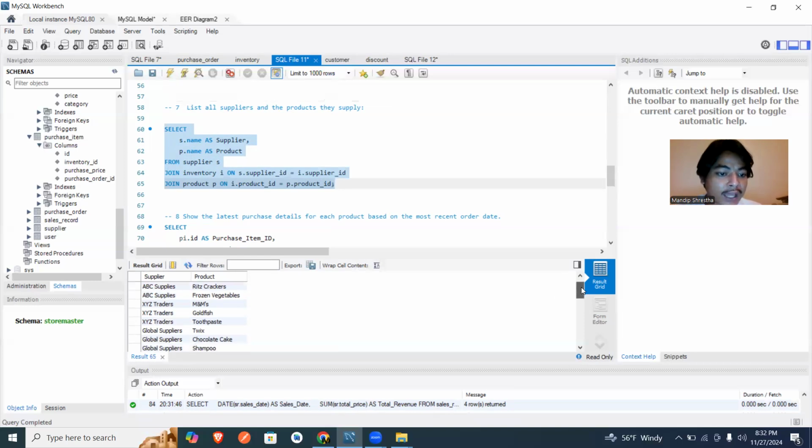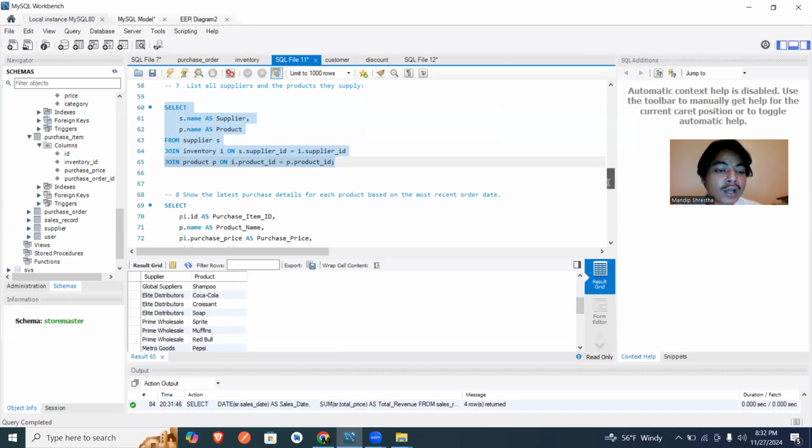XYZ supplies M&M's, Goldfish, toothpaste. Global Suppliers supplies Twix, chocolate cake, shampoo, Coca-Cola, and more. So this is how it helps us to know which product is supplied by whom.